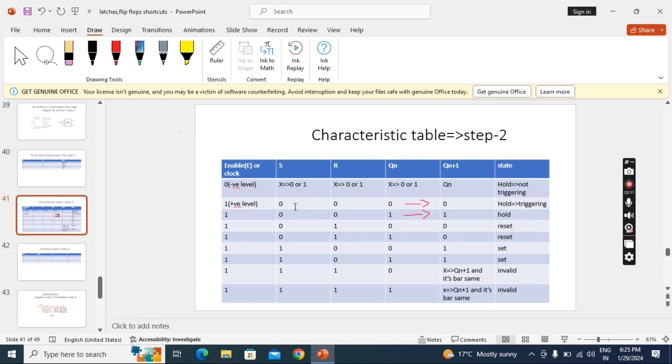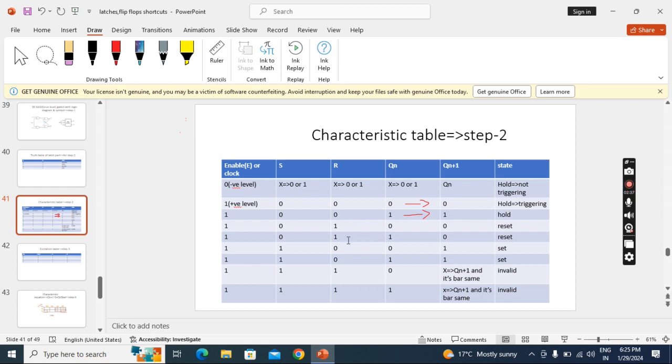Now we'll see what will happen if we apply positive level. How to write the S value, R value, Qn value, we'll see. There are two inputs, so four combinations: 0, 0, 0, 1, 1, 0, 1, 1 will come. Qn can be 0 when inputs are 0, 0, or it can be 1 also when inputs are 0, 0. Qn can be 0 when inputs are 0, 1, or 1 also.